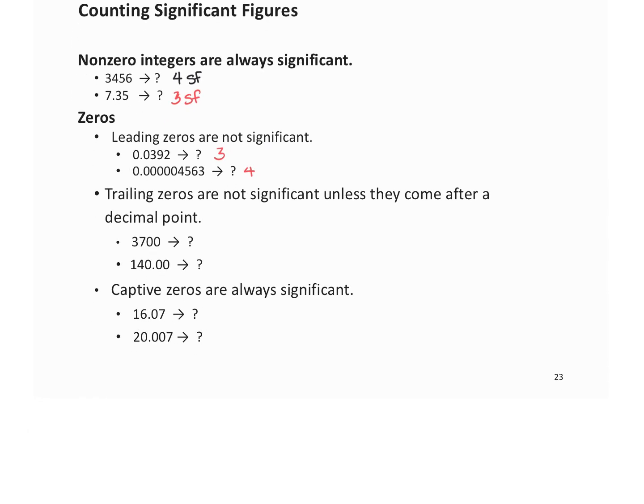Now, trailing zeros are not significant unless they come after a decimal point. And so here, let me show you this. This guy has no decimal point. So he only has 2 significant figures.